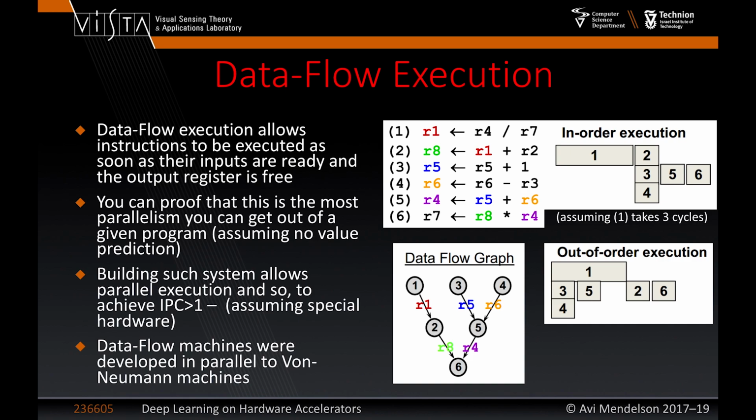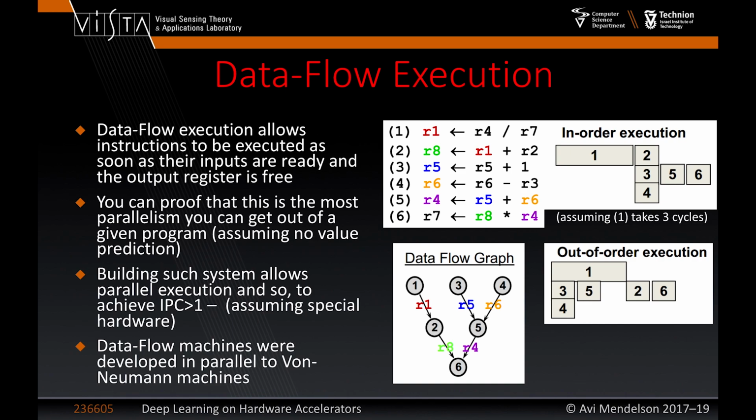But in out of order or in dataflow, we can execute 1, 3, and 4 in parallel. When we finish 3 and 4, we can execute 5, even though instruction 1 has not finished. So we can actually execute the program in a much more efficient way.